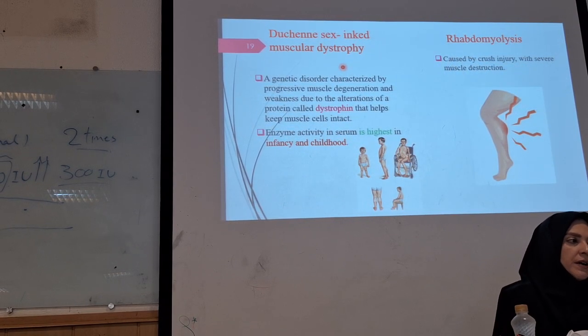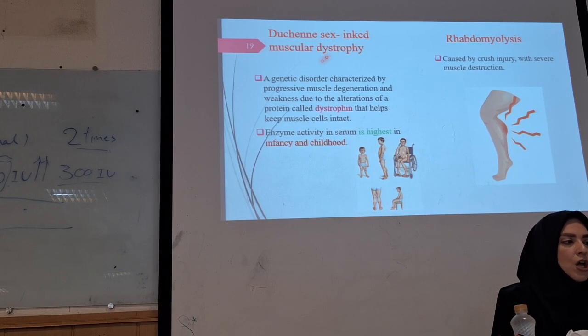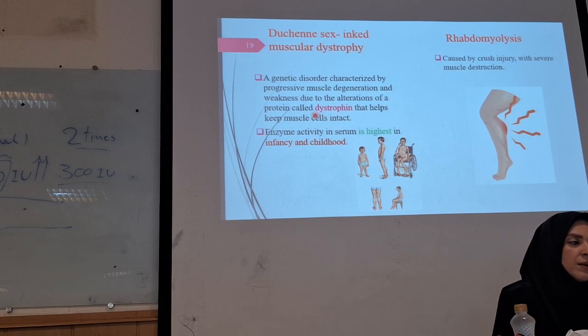About the disorders, we have Duchenne dystrophy and rhabdomyolysis. Duchenne is a syndrome related to a problem with the protein known as dystrophin, which helps the muscles to move.